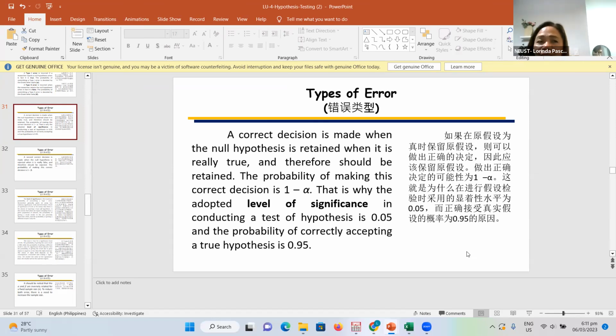And dito rin natin maipapaliwanag kung bakit, di ba sabi nila nag-aaway-aaway yung nag-develop ng vaccine, yung iba-ibang klase ng vaccine, Pfizer, Moderna, and so on. Ang pinag-aawayan nila is that yung one particular type of vaccine, mas marami siyang participants over the other type of vaccine na kukonti lang yung participants niya. Naririnig niyo ba yung ganong argument when the vaccines were developed?